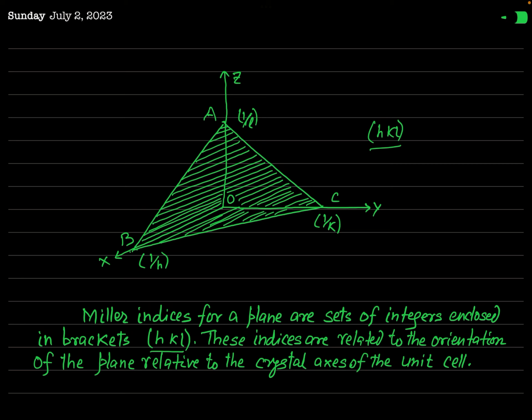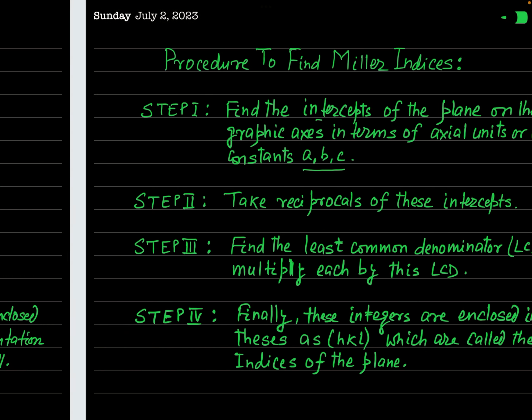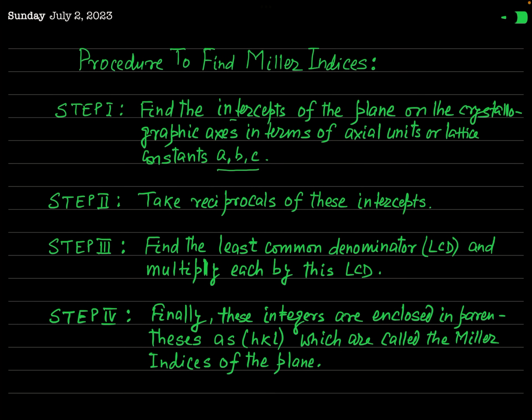That is determined in terms of a, b, c. That is, we will take a, b, c, which are lattice constants, as units, and in terms of that we will represent only the integer. For example, if the intercept on the x-axis is equal to 2a, then in units of a it will be written only 2, not 2a.